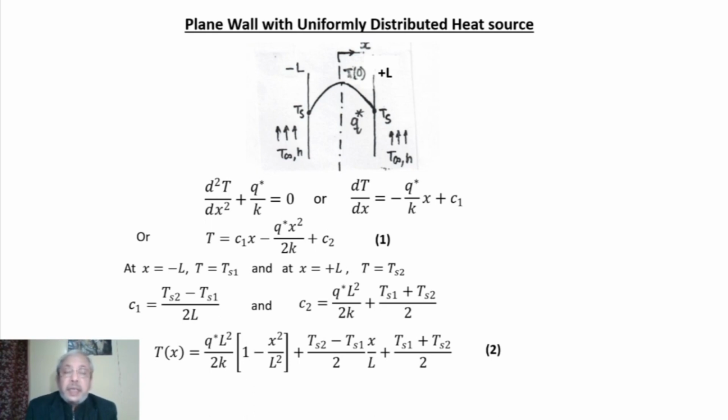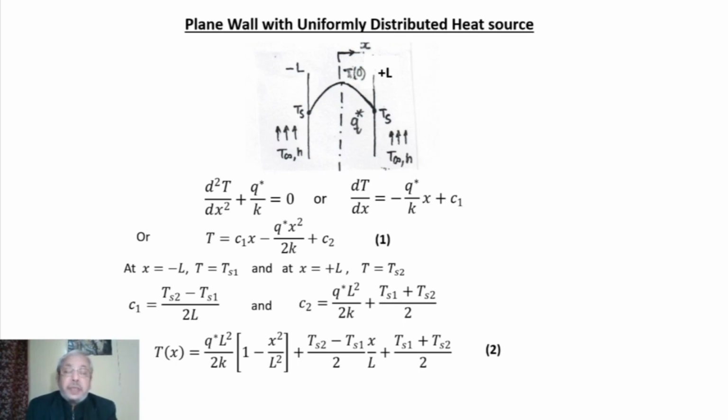Ts1 and Ts2 may be different, although here it is the same; we'll see what the result is if they are the same. But a more general picture is obtainable if we consider Ts1 at x equal to minus L and Ts2 at x equal to plus L.